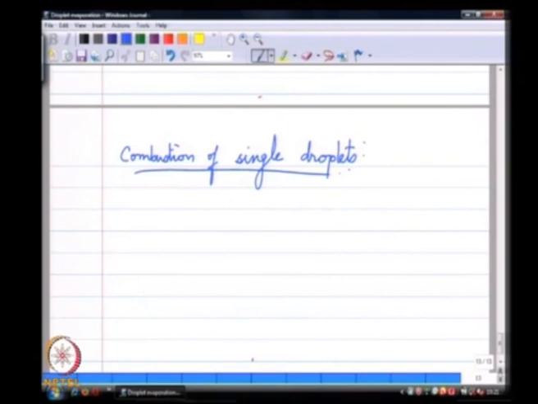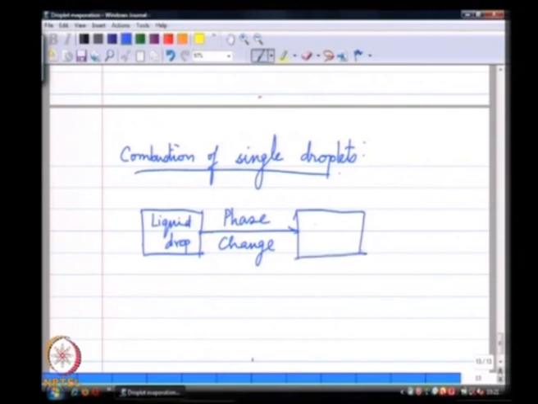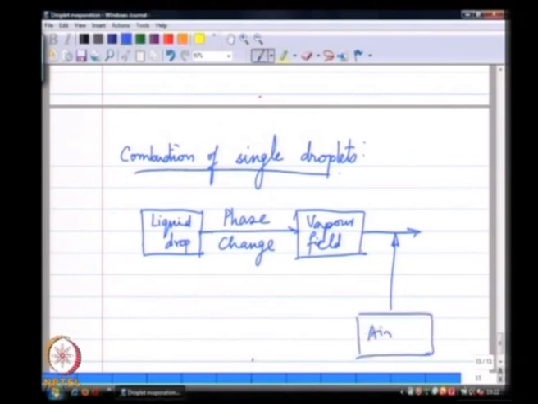So, we looked at evaporation of single droplets. Now, we will look at combustion of single droplets, and the process essentially is where you take a liquid drop, which undergoes a phase change process to produce a vapor field, and this vapor field uses oxidizer, and there is a mixing process here.